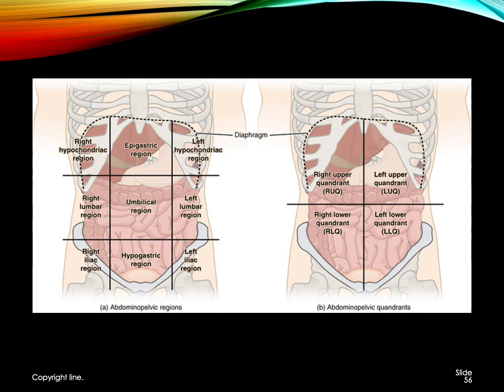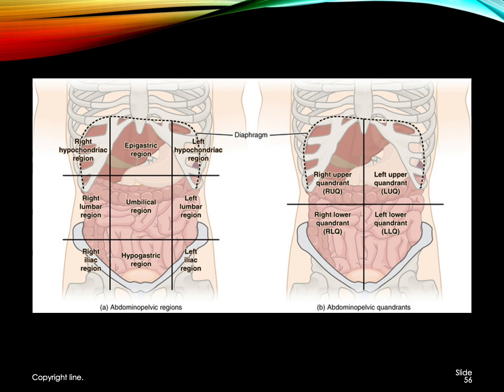Okay, so here you can see two different examples. Let's start with the one on the right. Now, the one on the right, the abdomen, the abdominopelvic cavity, is divided into 4 quadrants. And you can see that they are upper and lower right quadrants and upper and lower left quadrants.